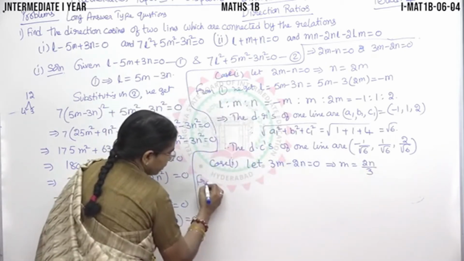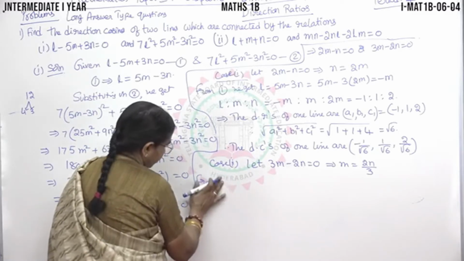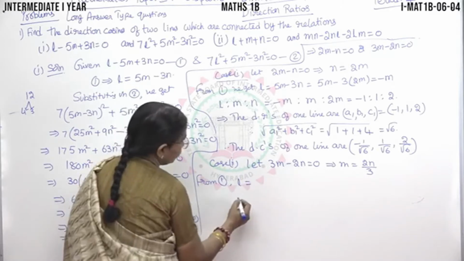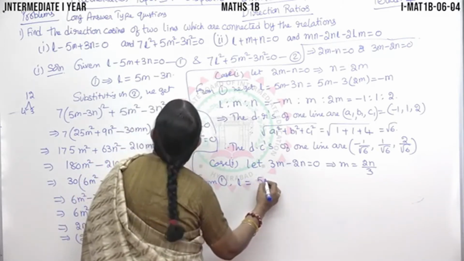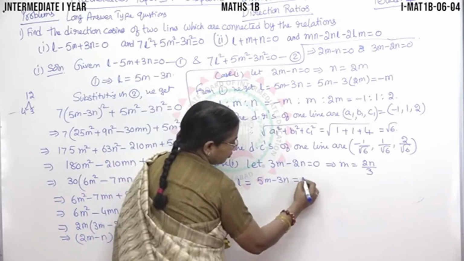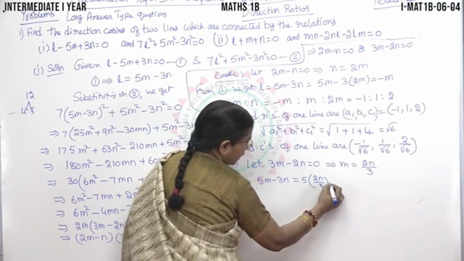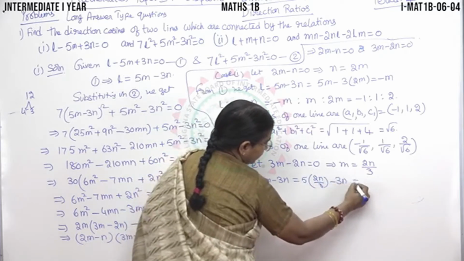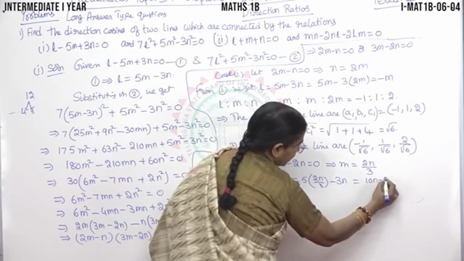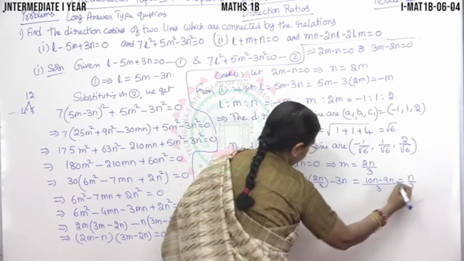Now again from equation 1 we'll get l is equal to 5m minus 3n. So what is 5m? 5 into m is 10n by 3, minus 3n. So this is 10n minus 9n by 3. So that is n by 3.